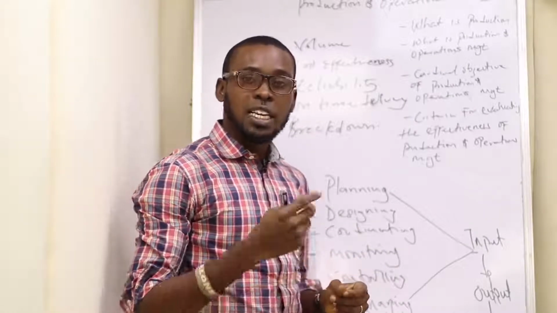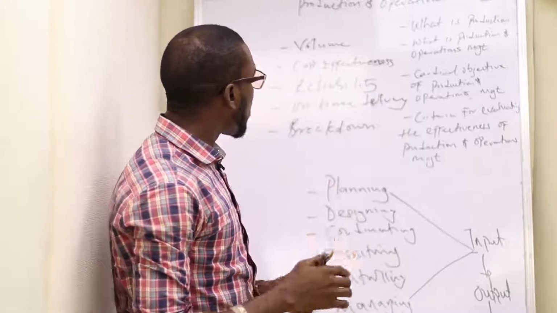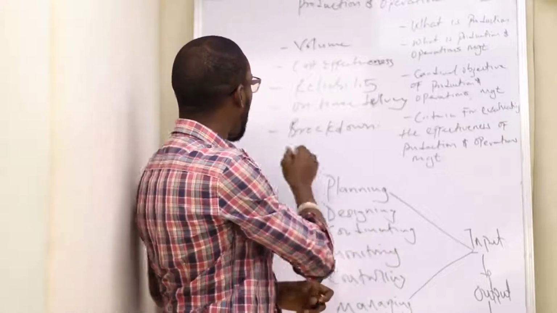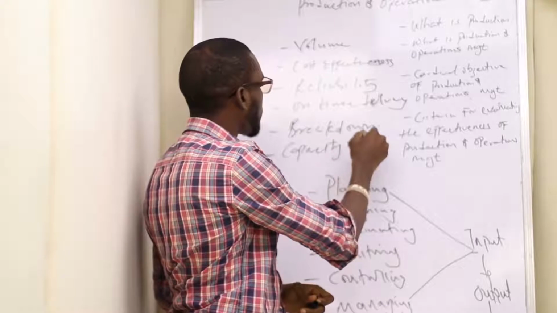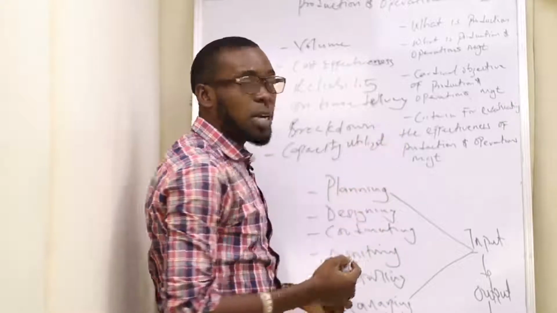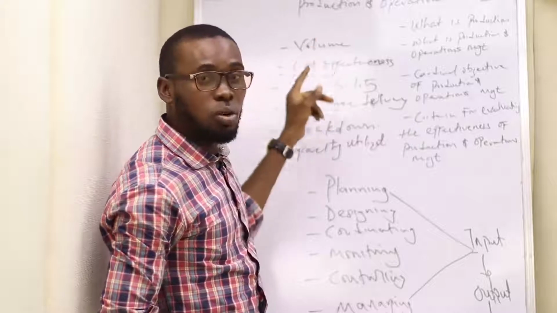So what they are expecting you to do is to state certain criteria. Another criteria which I didn't mention earlier is capacity utilization. Capacity utilization is another criteria in evaluating production and operation management system.